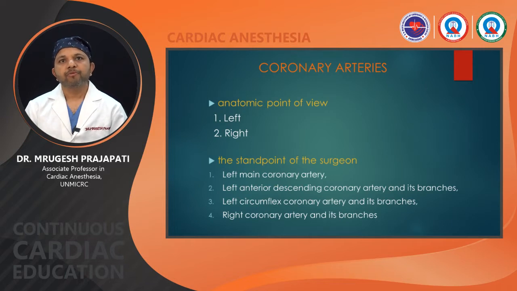From an anatomic point of view, the coronary arterial circulation is naturally divided into two main distributions, left and right. From the standpoint of the surgeon, it is divided into four parts: left main coronary artery, left anterior descending coronary artery and its branches, left circumflex artery and its branches, and right coronary artery and its branches.